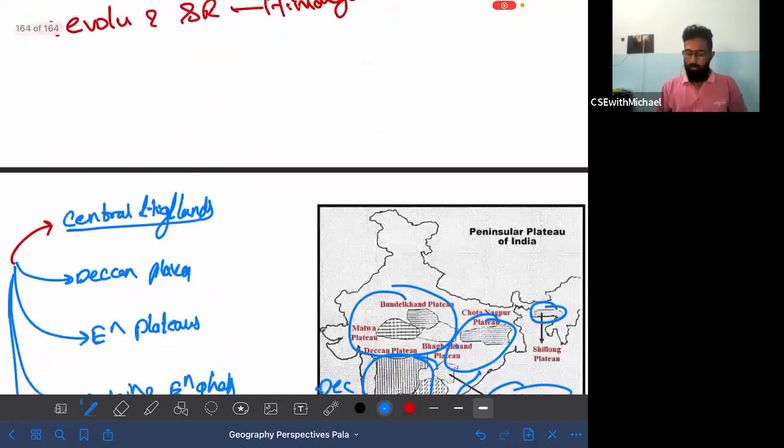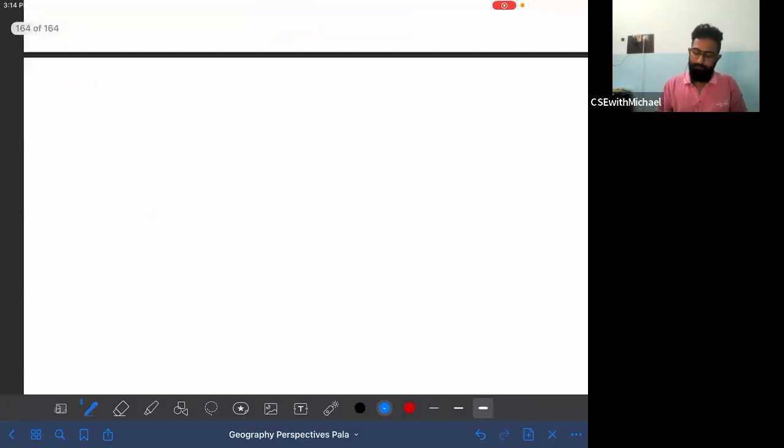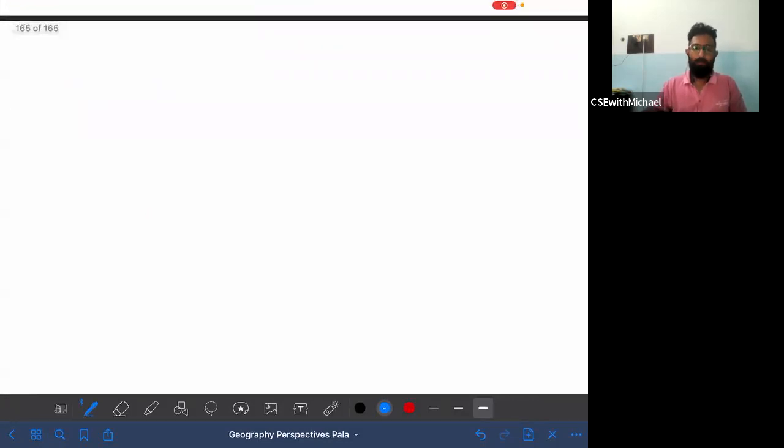Now, something we would have studied already in the geomorphology part is that ideas like structure and relief have already been studied.